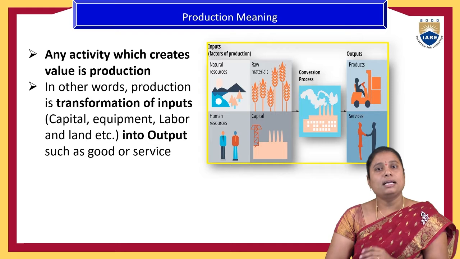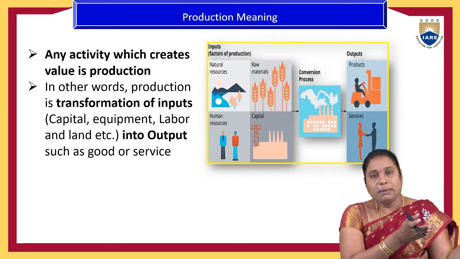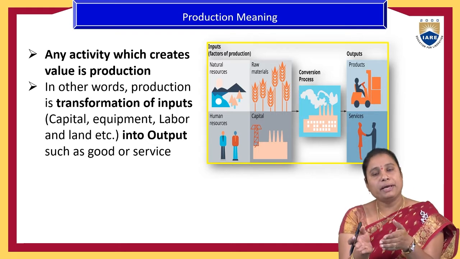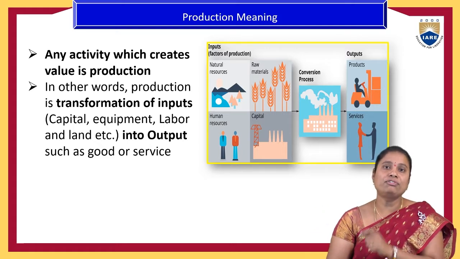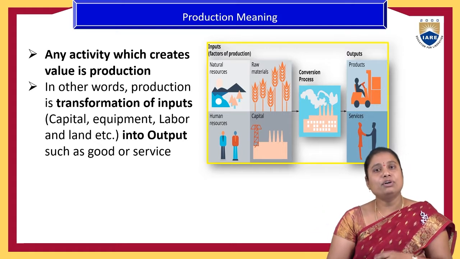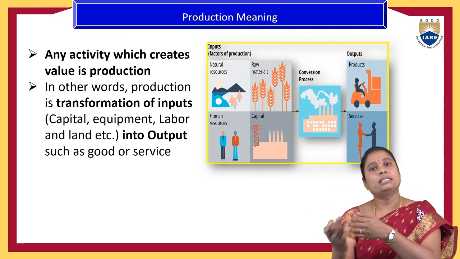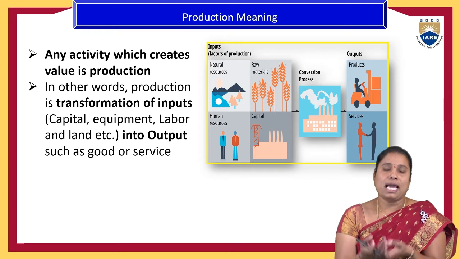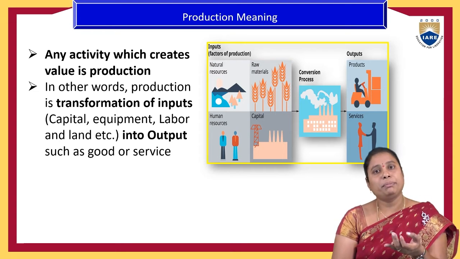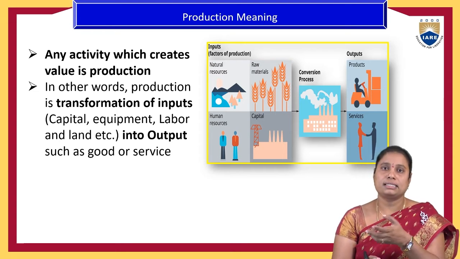For example, transforming plastic into a pen, chair, etc. is also an activity of production. Transforming iron ore into iron bars. Like this, any product, whether a good or a service, has to be produced.